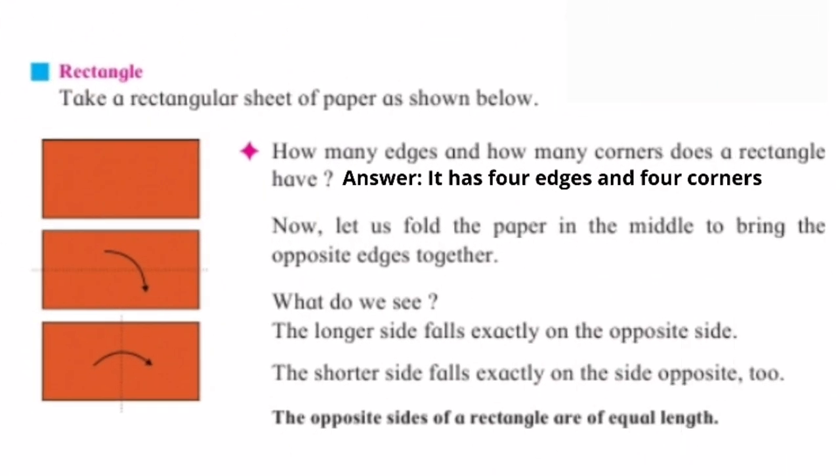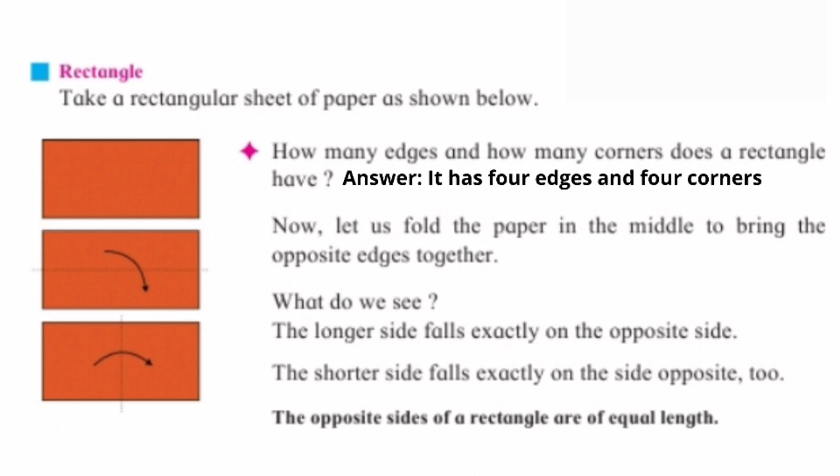Next is rectangle. Take a rectangular sheet of paper as shown below. How many edges and how many corners does a rectangle have? It has 4 edges and 4 corners. Now let us fold the paper in the middle to bring the opposite edges together.